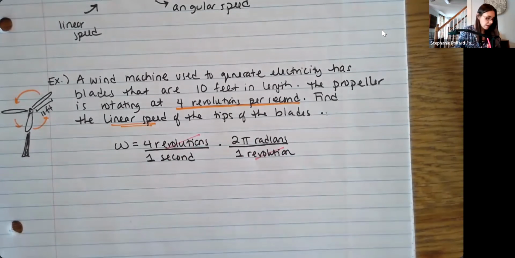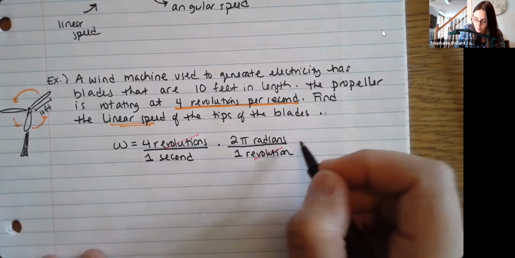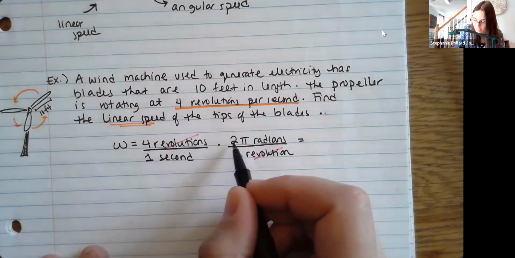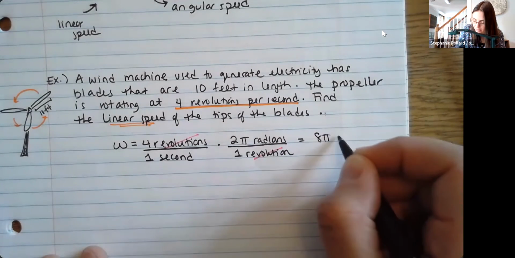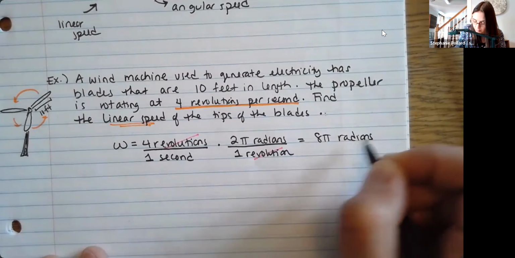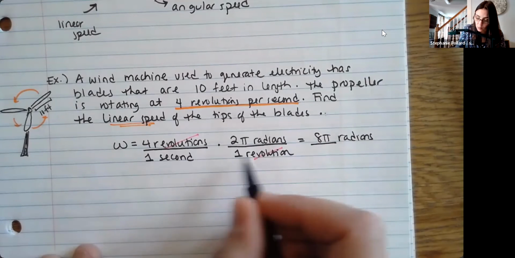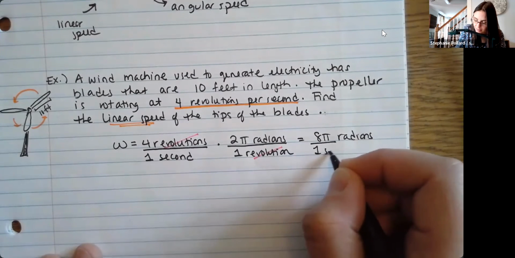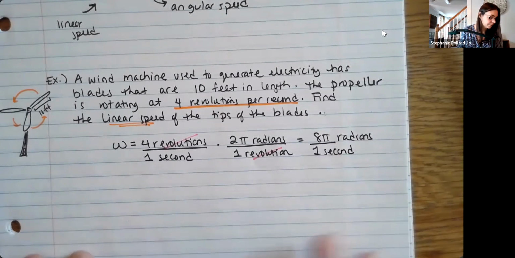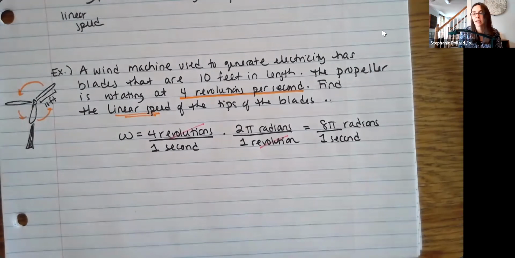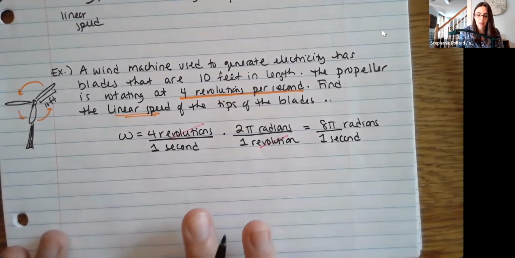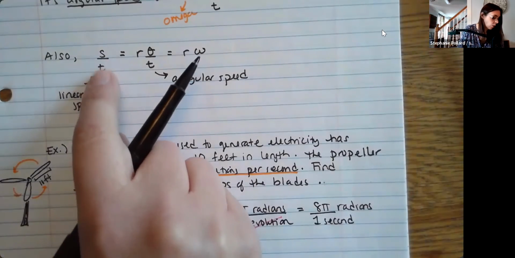And now I can multiply straight across, and I get 4 times 2 is 8. So I have 8 pi radians. And then obviously 1 times 1 is 1 per 1 second. Or we can just write per second at that point as well. So now for our linear speed, it's the arc length over t.